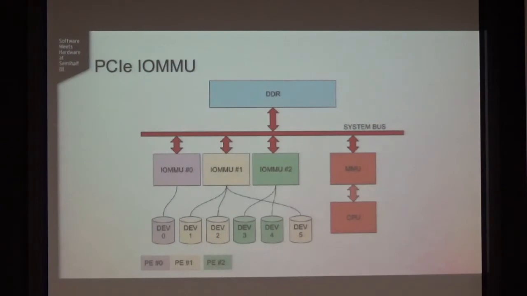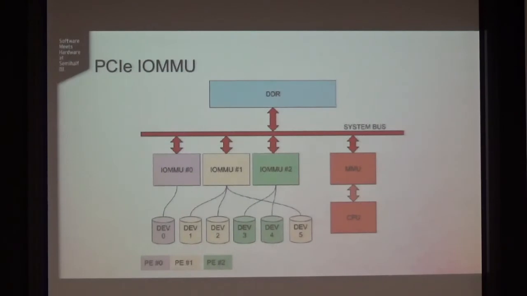With the term MMU, I think all of you are familiar. It's used for address translation between the virtual addresses which the CPU operates on and the physical addresses required by the system bus and DDR. So the IOMMU is a very similar piece of gear, but it's used only by PCIe devices.